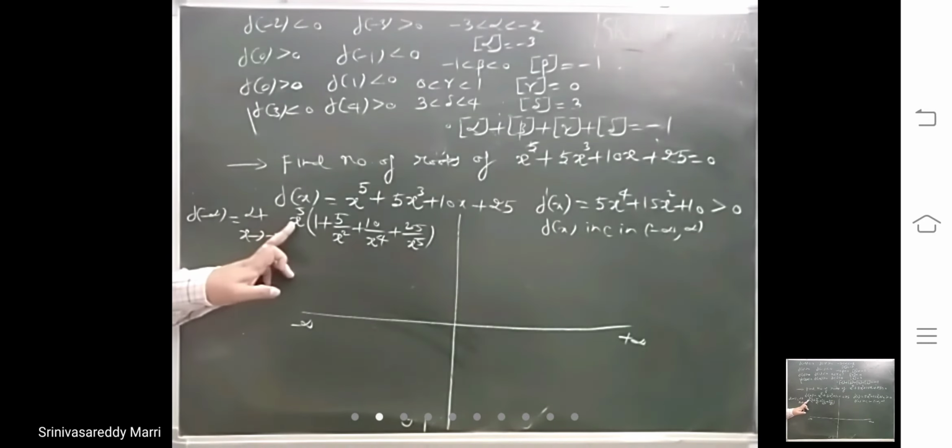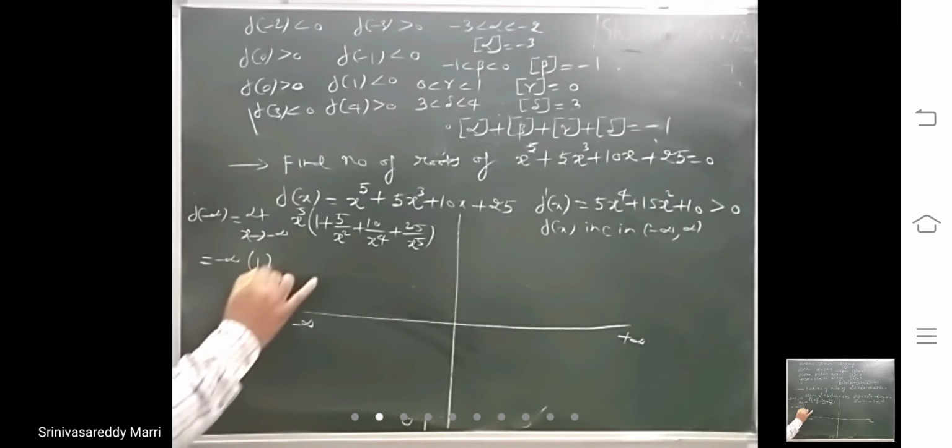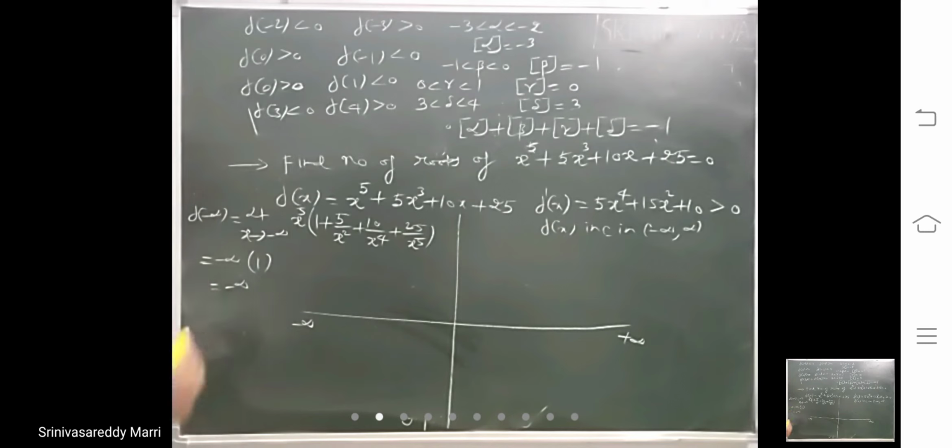If x is minus infinity, this will become minus infinity into this is 0, this is 0, this is 0. That means minus infinity. For f of minus infinity, the graph will be here.